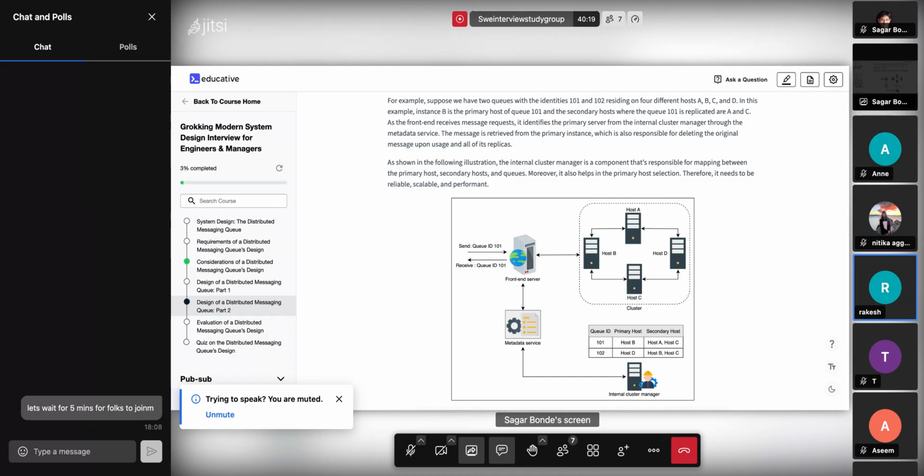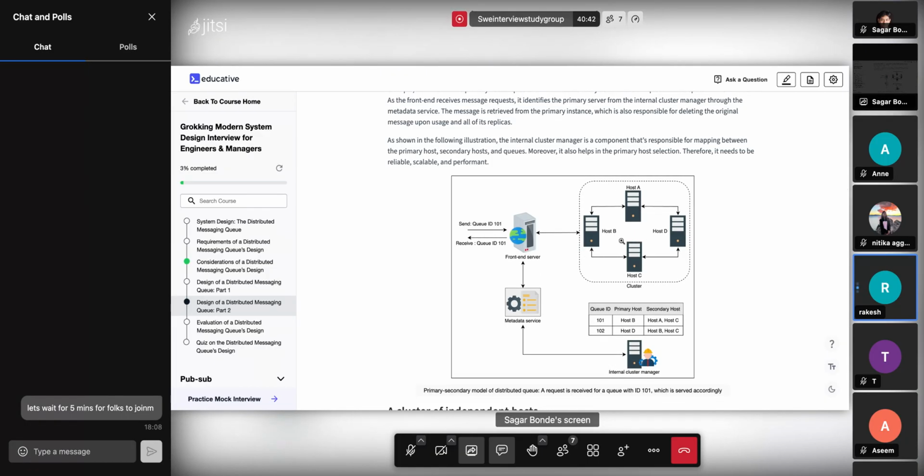As shown in the following illustration, the internal cluster manager is a component that is responsible for mapping between the primary hosts, secondary hosts, and the queue. Primary host, where is the primary host?